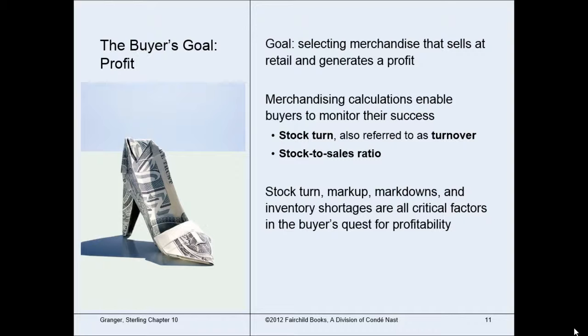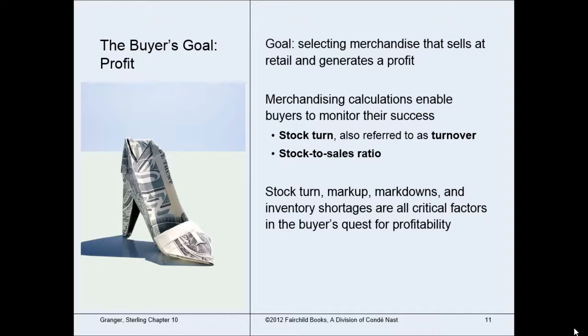Another important calculation to look at is the stock to sales ratio, which is the inventory for a given period of time divided by the sales volume for the same period. For example, if your inventory is $150,000 and you divide that by sales of $50,000, the ratio is 3. But you need to take into account 12 months, so you would take 12 months divided by the 3 that you came up with, which gives you a ratio of 4.